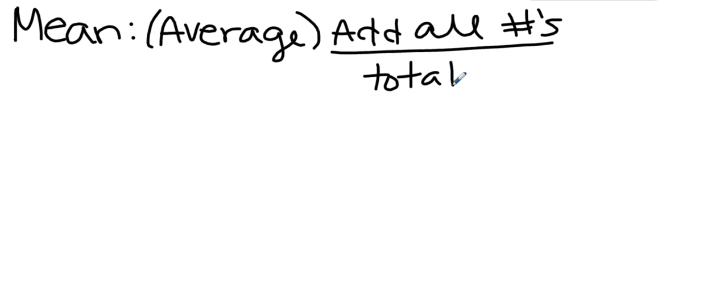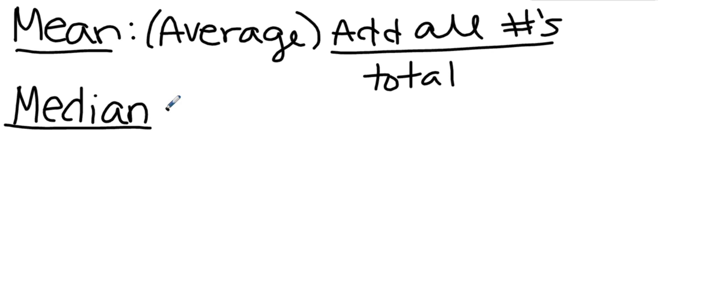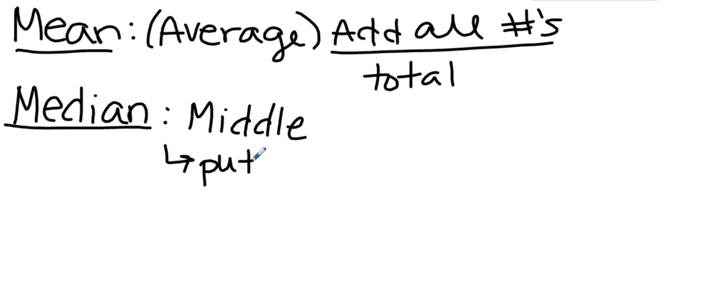Do some examples. Another one you need to make sure you know is median. And median, of course, is the middle number. For this, you are going to put the numbers in order from least to greatest.